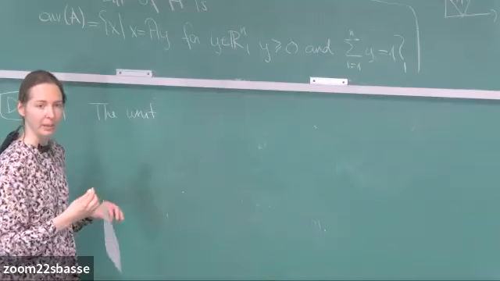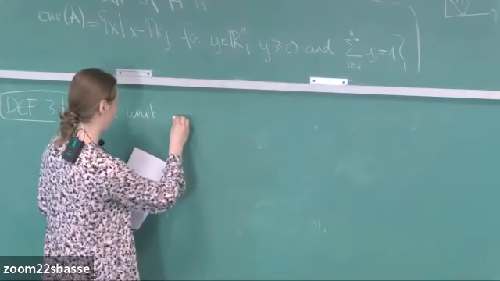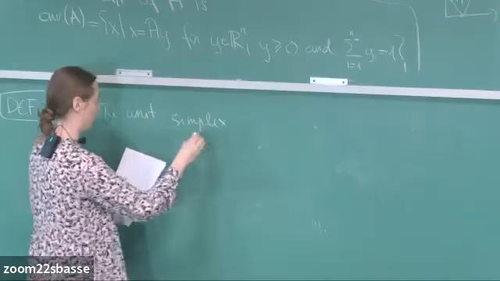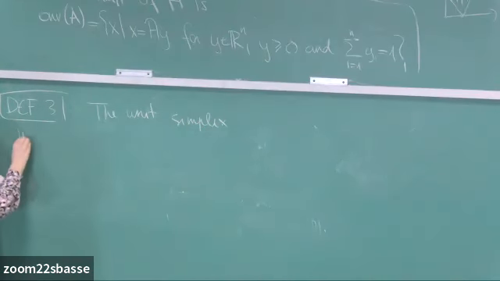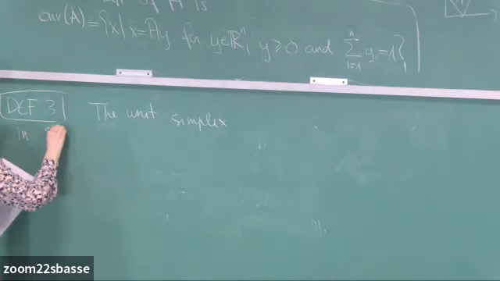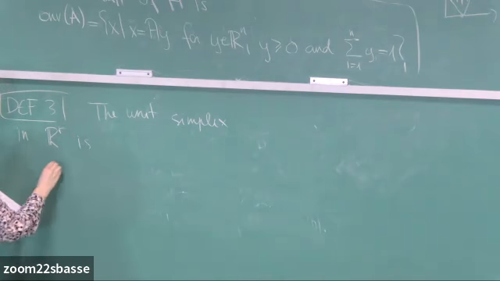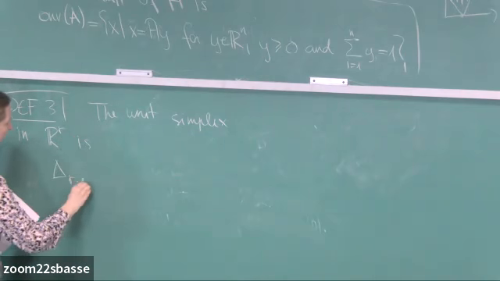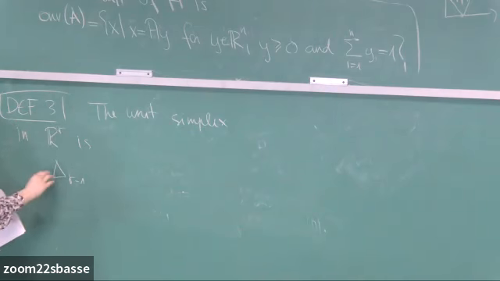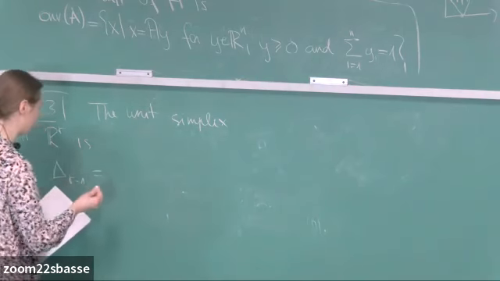So the unit simplex is the polytope that corresponds to the non-negative orthant, denoted by delta r minus 1. Although it's in the r-dimensional space, the dimension will be r minus 1. So that's why the index is r minus 1.